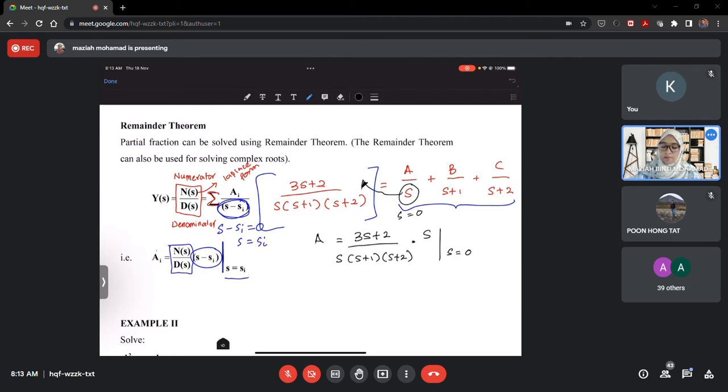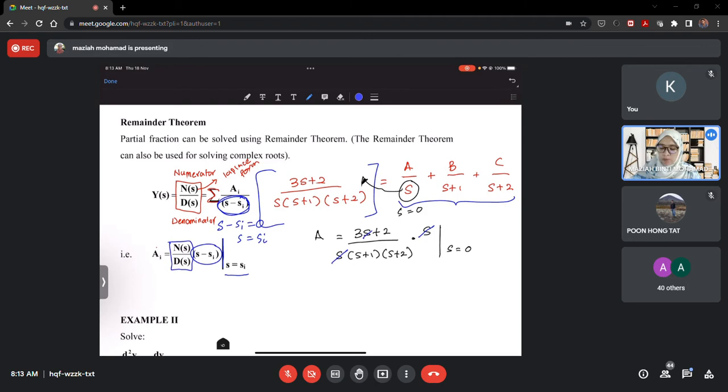All right, so now we can cancel this part to this part, then cancel s. And then we're going to replace all the s terms with 0. So this one will become 0, this one will become 0, this one will become 0.